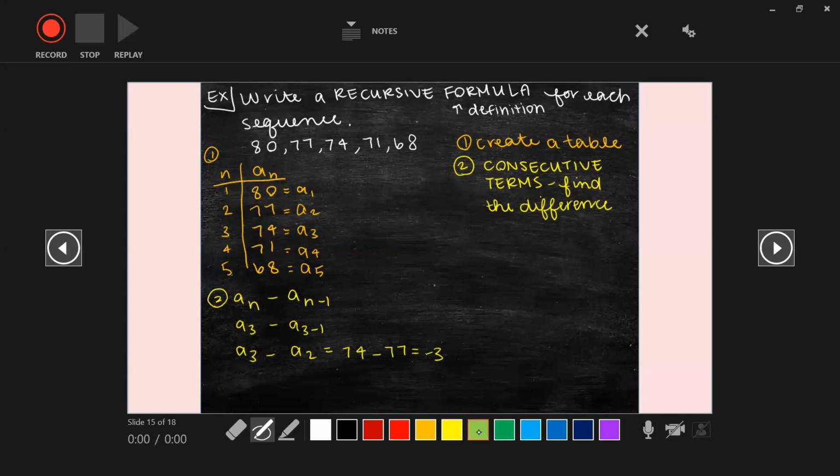Now you're going to create an equation, and that is going to be using a sub n and a sub n minus 1. So if I rewrite this, I have a sub 3 minus a sub 2 is equal to -3.